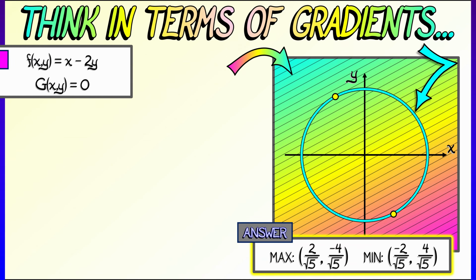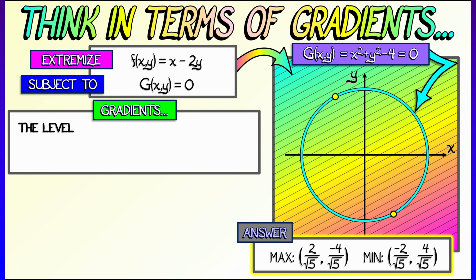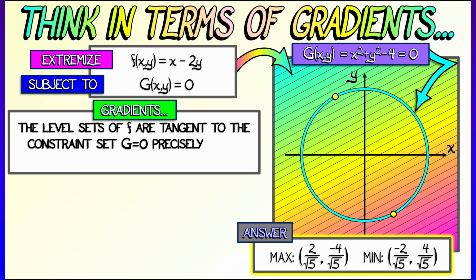Does that make sense? Well, let's think about it, and let's think to see if we could solve this problem using that idea. Let's think of the constraint x squared plus y squared minus 4 equals 0 as a level set of a function g of x, y. Now, what do we have? Well, if we look at the gradients of these functions, f and g, we know that gradient vectors are orthogonal to level sets.